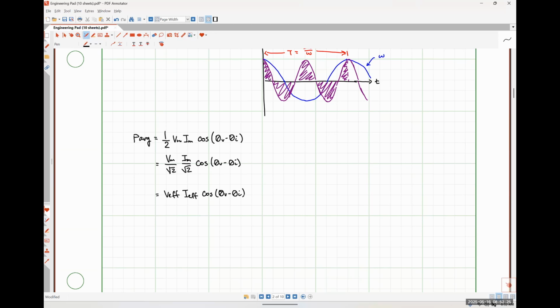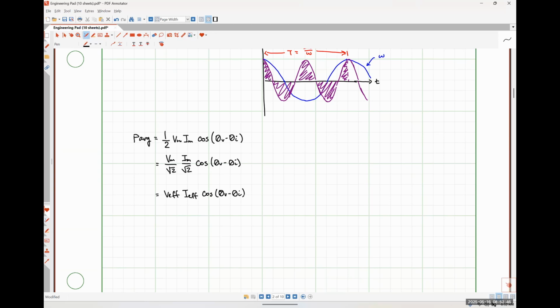But we can go beyond this, okay? And so this is where things start getting a little wild and crazy. Because people much smarter than I recognized that that mathematical expression right there is actually just the real part of a complex multiplication, okay?